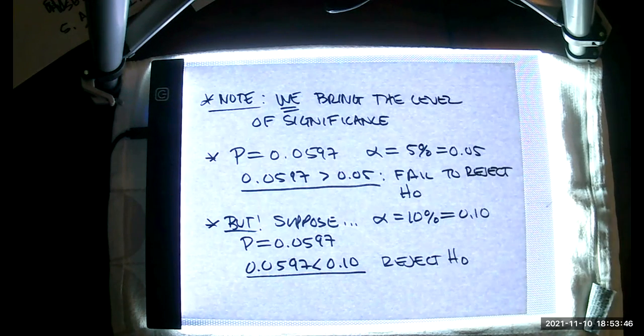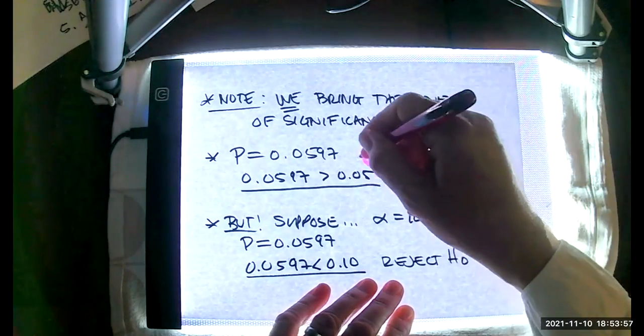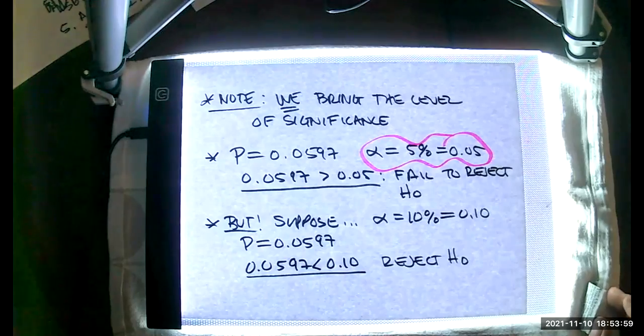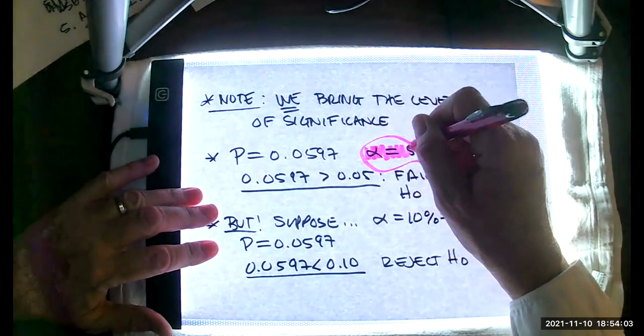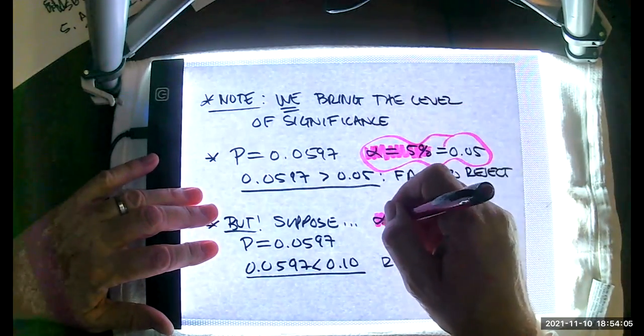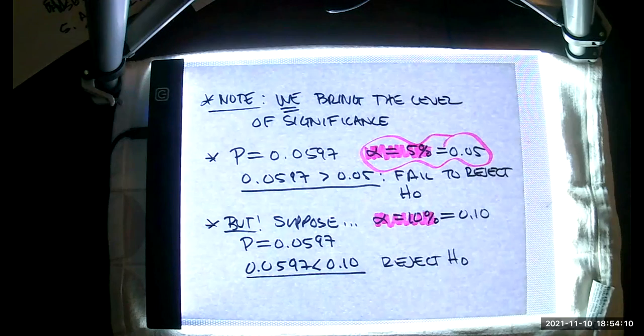So I'm not asking you to use multiple levels of significance in any problem unless you're specifically requested to do so. Every problem will come with its own level of significance in terms of a test of hypothesis. But you got to realize that if you change your alpha, you possibly change the outcome.